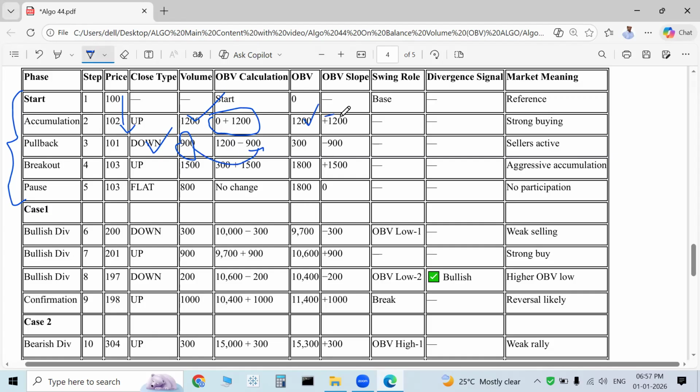So this slope is positive, and this slope is negative, because if we subtract, the slope is negative. If we add, the slope is positive. The more positive slope, the more chance that the OBV is increasing. The more negative slope, the more chance it is decreasing. So we need to understand whether the OBV is increasing or decreasing.